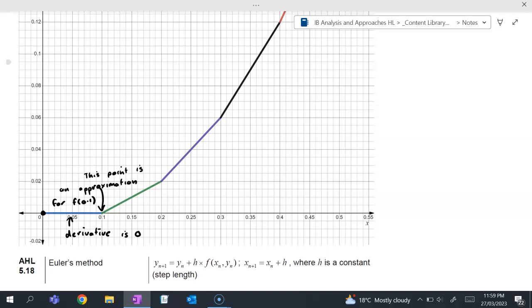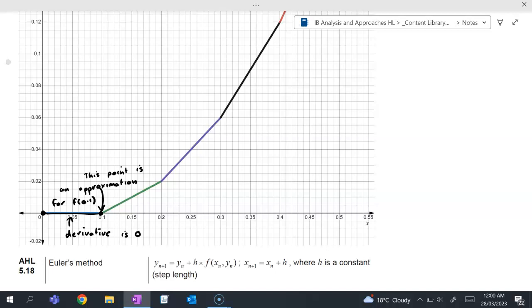So this tangent line here is a tangent to the curve at x equals 0. So the derivative at x equals 0 must be 0 because it's a horizontal tangent. And out here, just 0.1 to the right, that tangent line is still very close to the curve. And so the value of the tangent line at 0.1 will be a good approximation for the value of the function at 0.1.